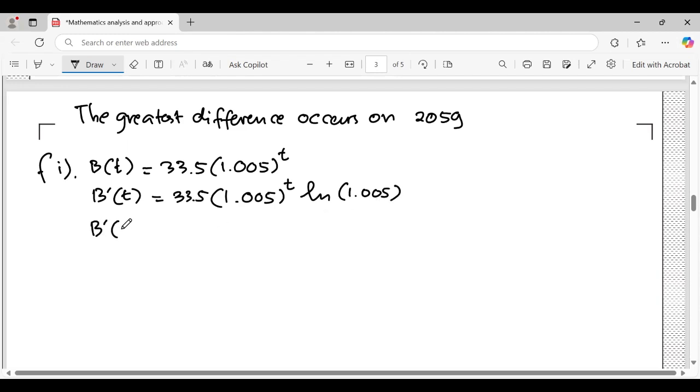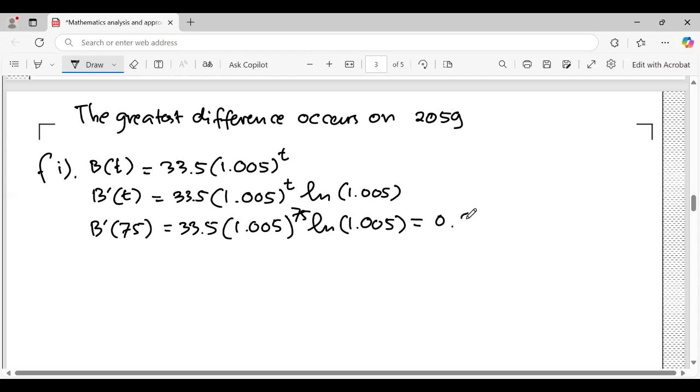If you substitute 75 into this equation, it becomes 33.5 times 1.005 to the power 75 times ln 1.005, and the result is 0.243.